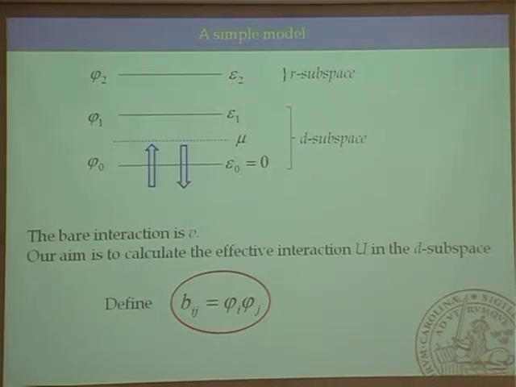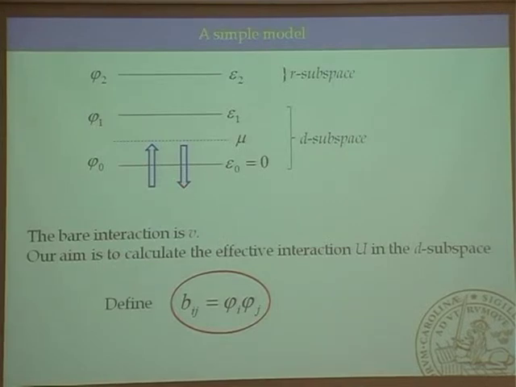Now we have to decide what our D subspace, the correlated subspace, is. Let us say that this is our D subspace, phi 0 and phi 1, and our R subspace is phi 2. It's only one state. Our aim is then to calculate the effective interactions between these 2 electrons in this subspace alone.